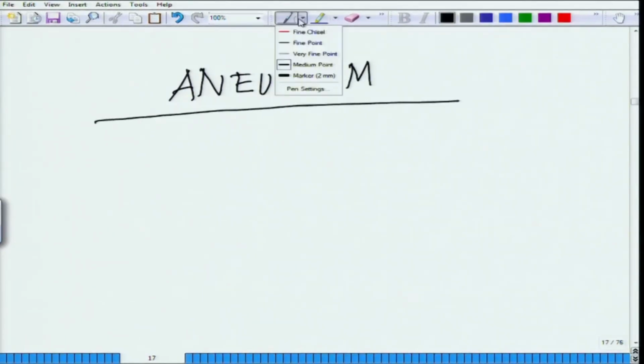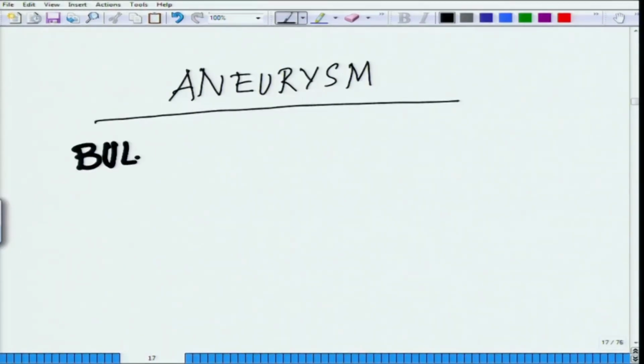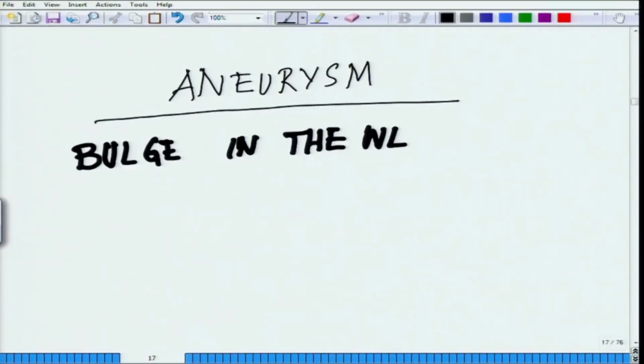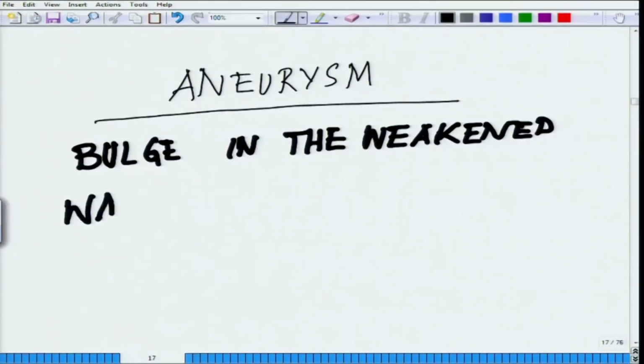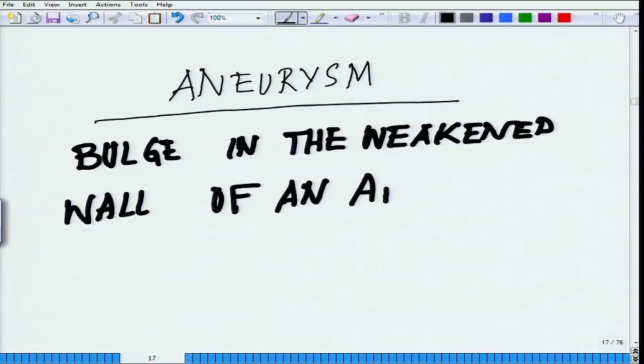Going by the definition, aneurysm is basically the bulge in the weakened wall of an artery. It is something like this.